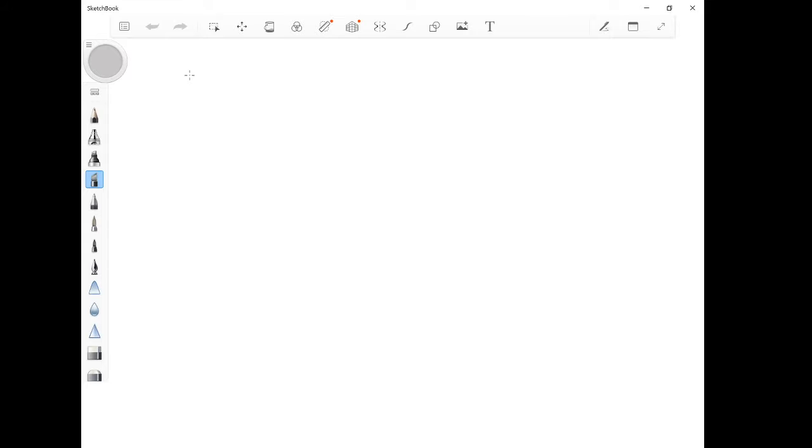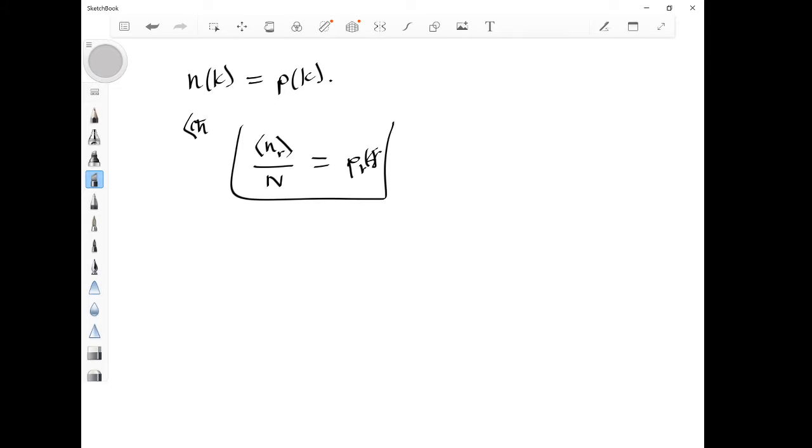So n_k is related to p_k. And the whole idea about mean occupation number is that the mean occupation number of a particular level over N is equal to the probability of that level.